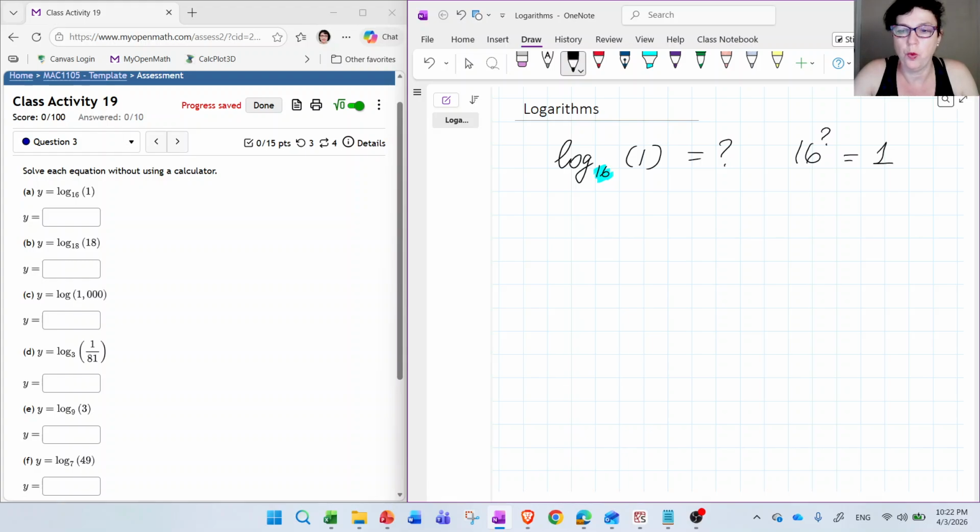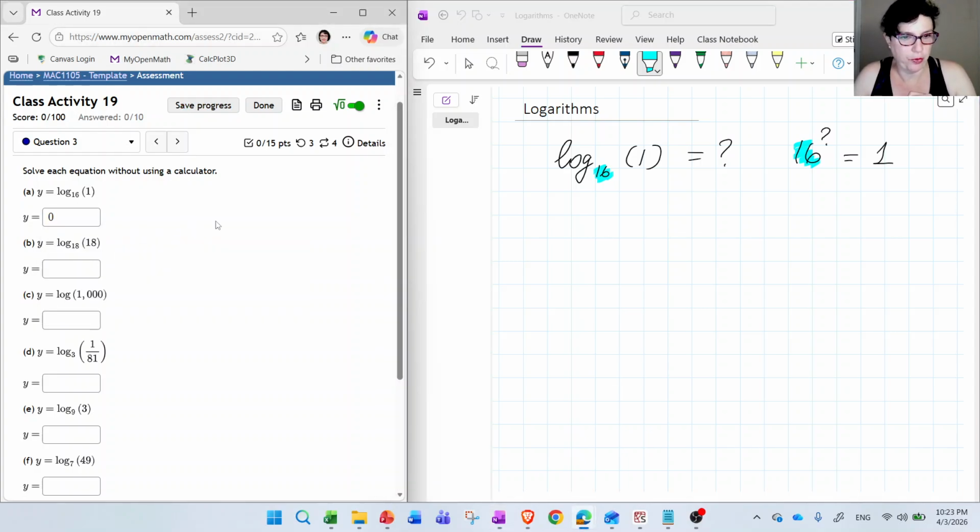So we are asking, what power can we raise 16 to get 1? Hopefully you already know that any number to the power 0 is 1, unless it's 0 to the power 0, that's undefined. But it's not going to happen here. So 16 to what power is 1? Well, that would be 0. And that is going to go into our first blank.